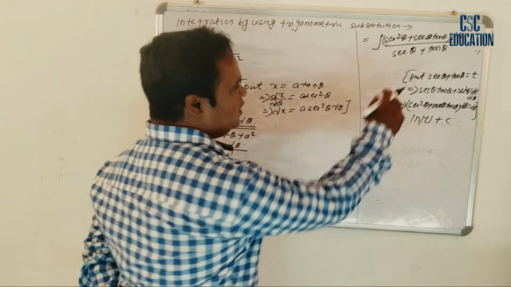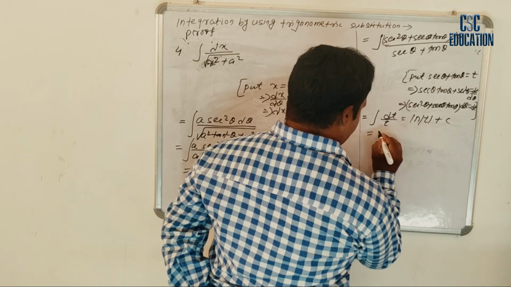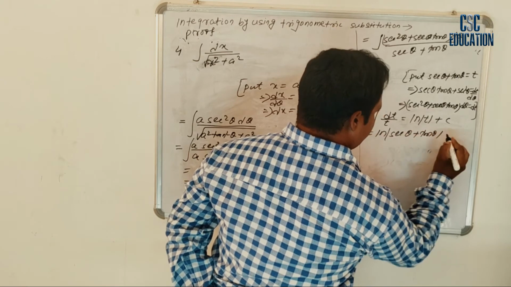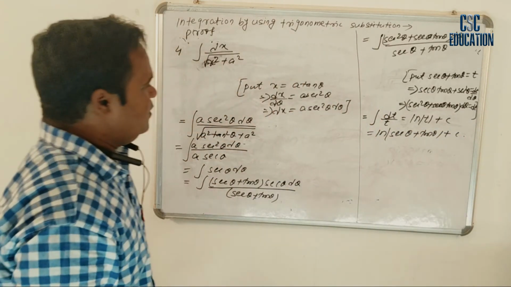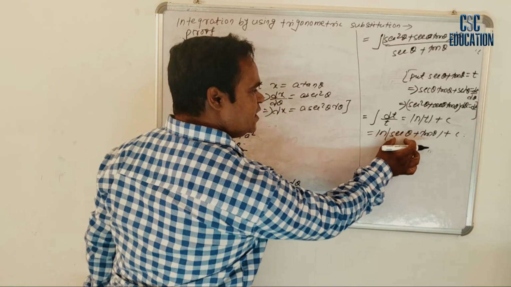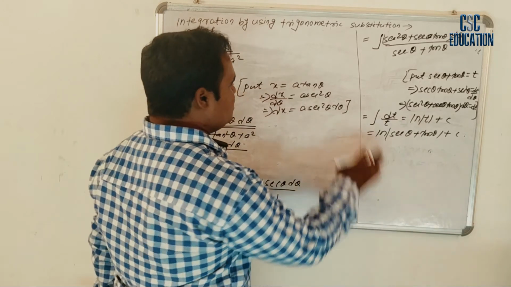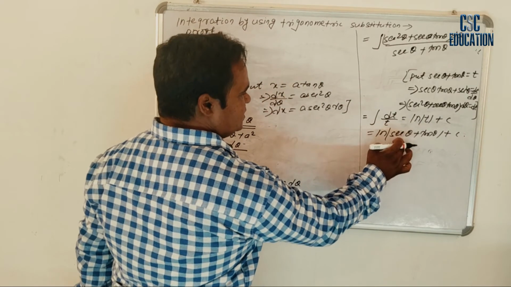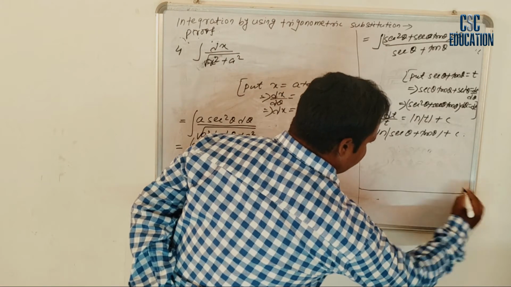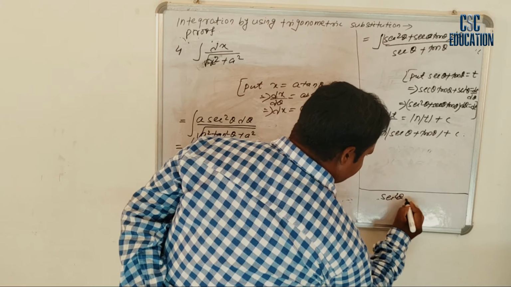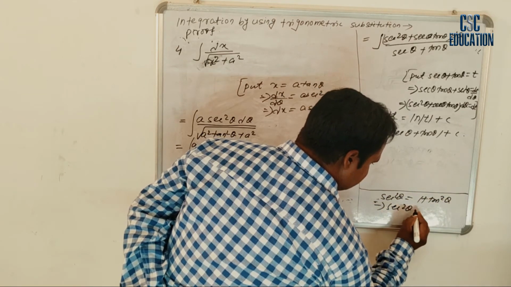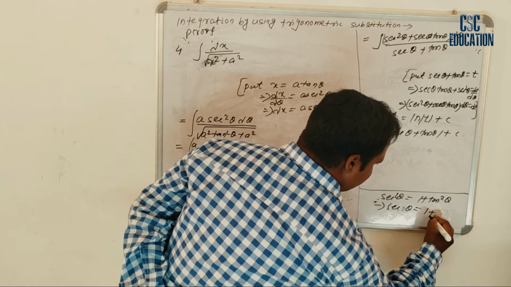Here t is the value sec theta plus tan theta, so we get ln of sec theta plus tan theta plus c. But since we put x equal to a tan theta, we need to convert sec theta as well; tan theta equals x divided by a. For sec theta, by the square relation, sec square theta equals 1 plus tan square theta, so sec theta equals the square root of 1 plus tan square theta.